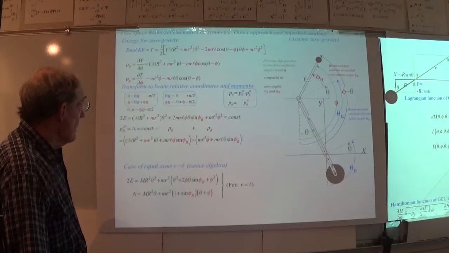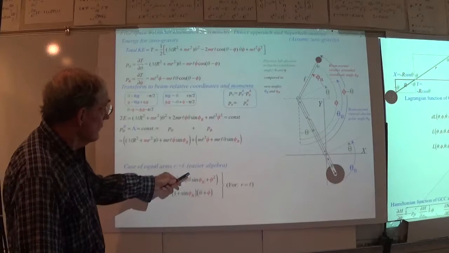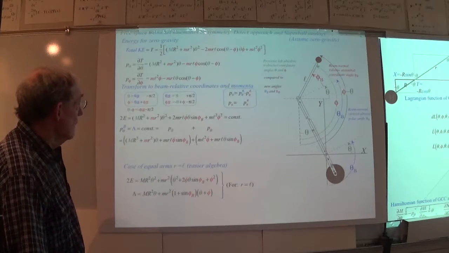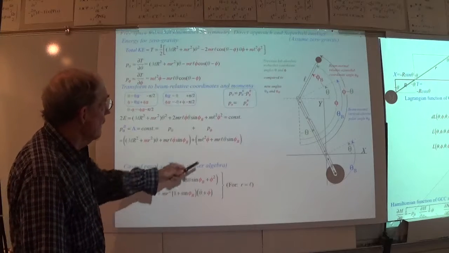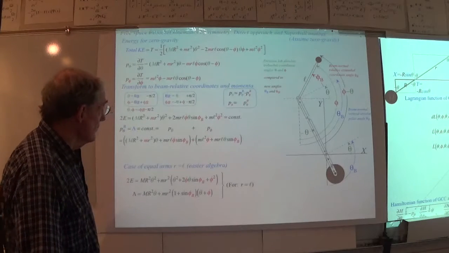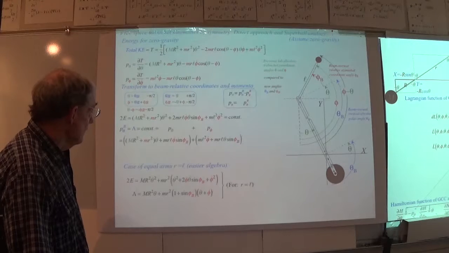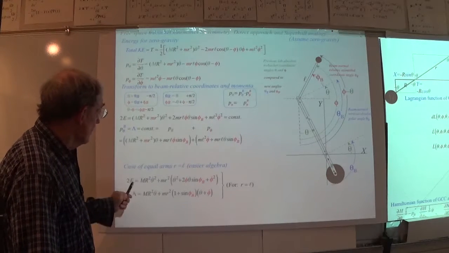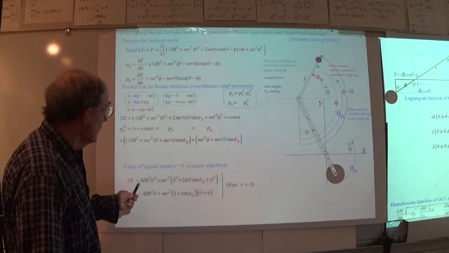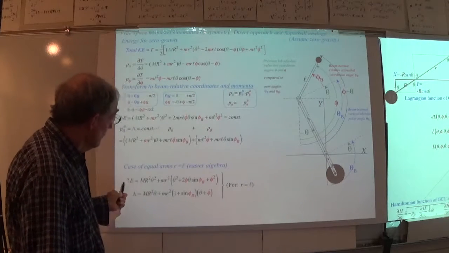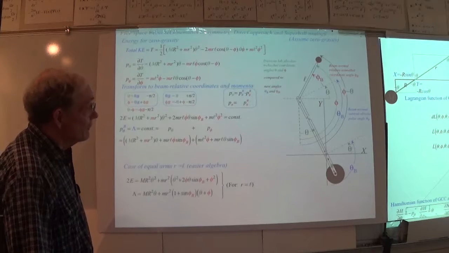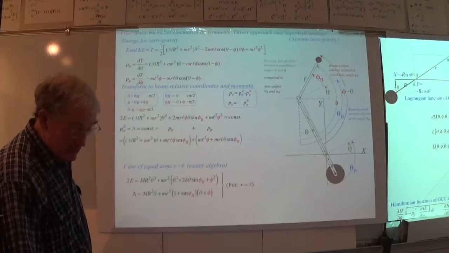Okay, so what we'll do, and as I said, easier algebra for r equal L, so we'll be getting rid of a couple of things here. That'll be an r squared, and that'll be an L squared, summing that comes together with that one right there. So here's your kinetic energy times 2, and your total angular momentum associated with the motion of the beam.